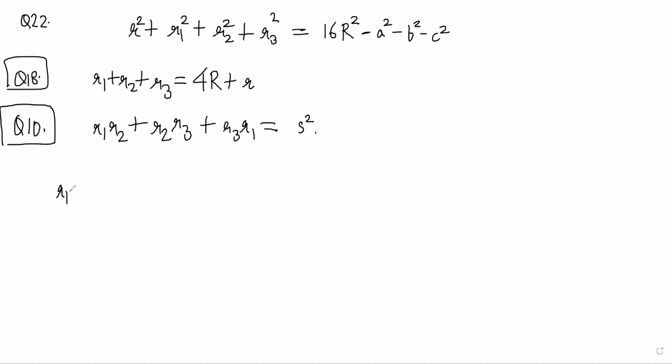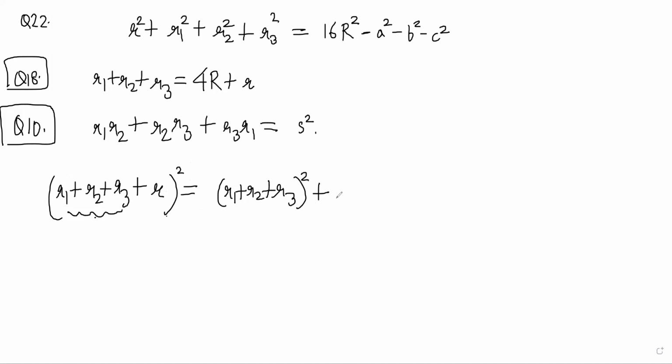You will do the square of this whole square. So think of this as one term and a plus b whole square. So it is this plus this whole square plus r square plus 2r into r1 plus r2 plus r3, right? Yes.